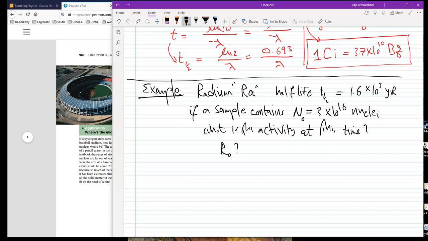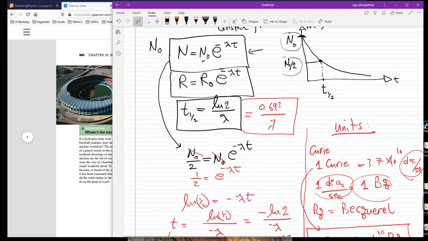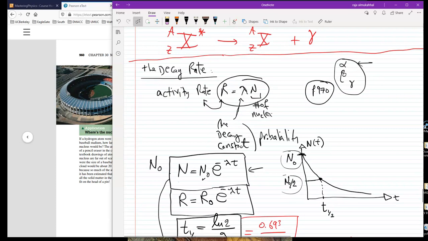If you remember, we define R naught to be equal to, I'm trying to find it here. There it is, right here. So for our case, R naught will be lambda N naught. See what I'm saying? Make sense?